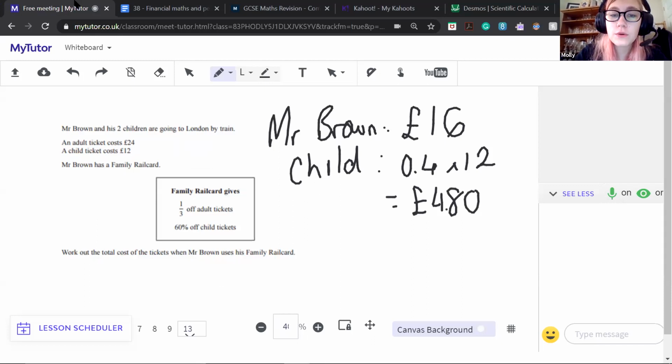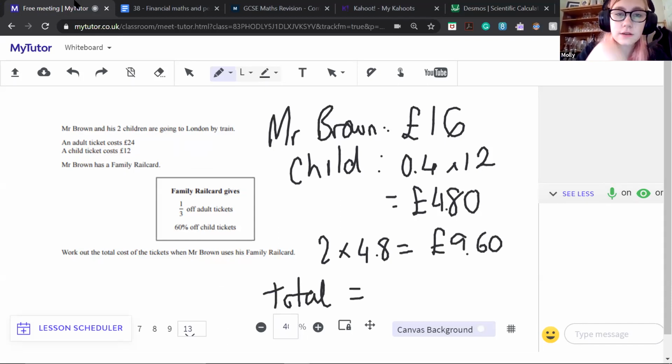And there are 2 of these children, so that comes to £9.60. And then we just add these together to get the total amount. So 16 plus £9.60 is going to give us £25.60.